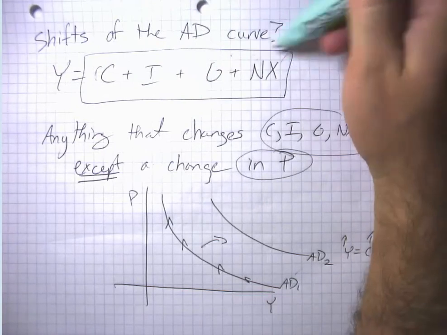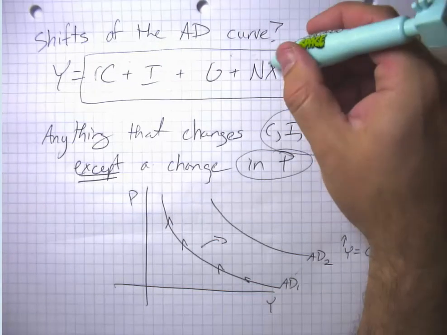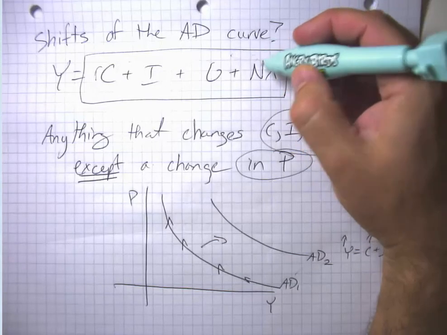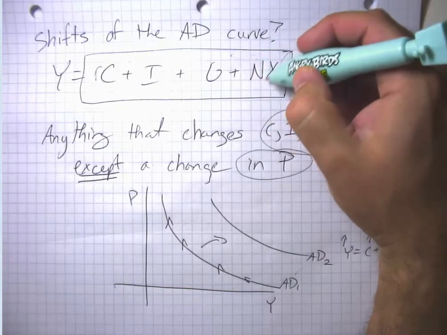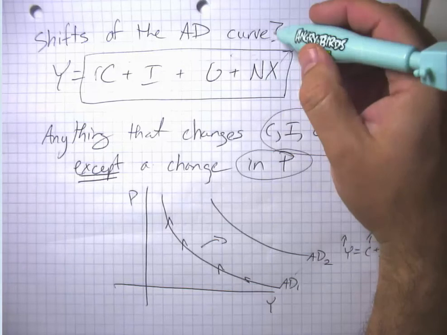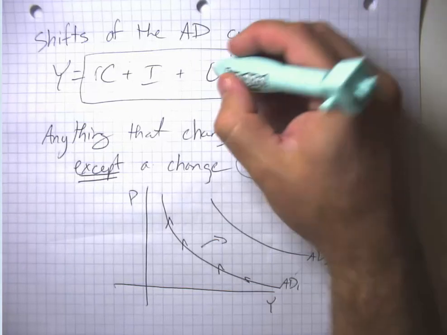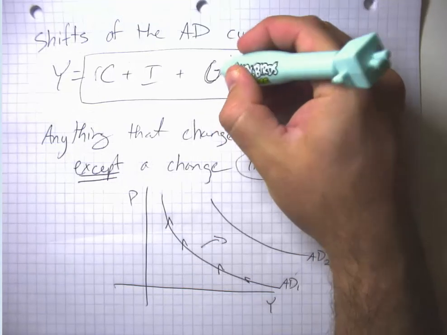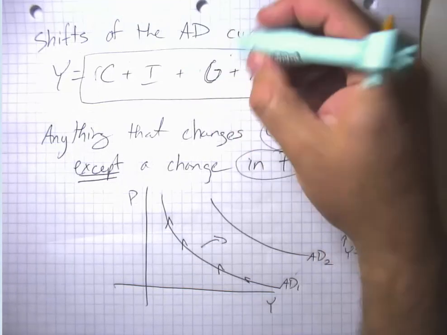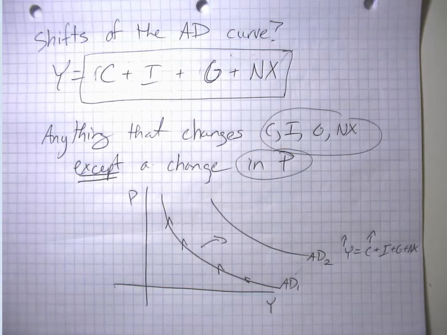It could be that there's a booming demand for U.S. trained fracking engineers and their equipment, and that generates export earnings for U.S. companies. Or it could be that we have a government shutdown, and therefore government spending goes down, or who knows what else. There's just a huge number of things that could shift those different spending patterns for real GDP.